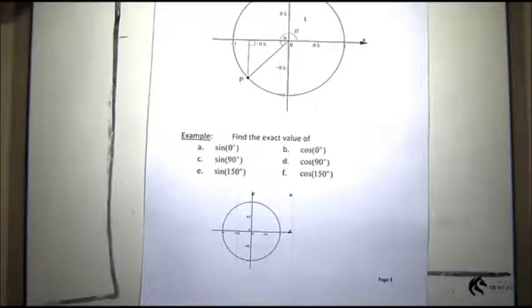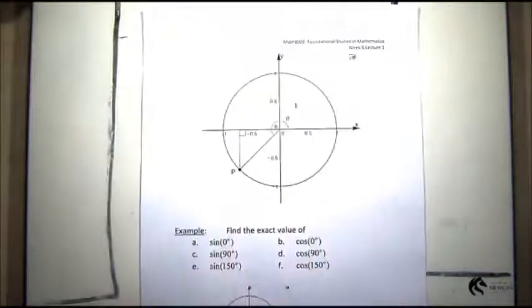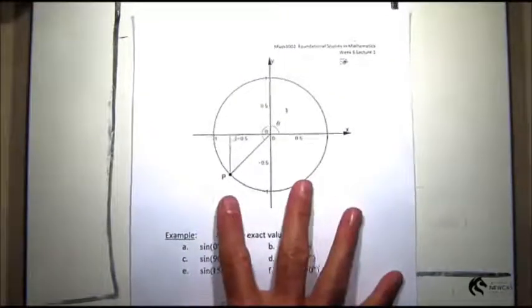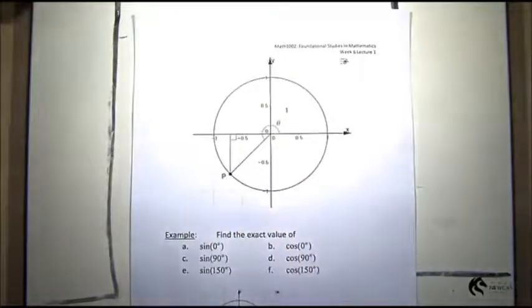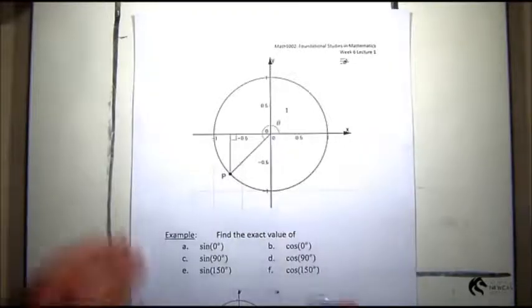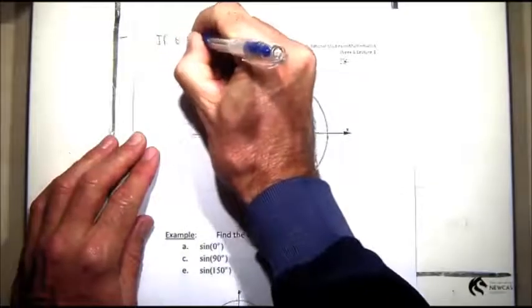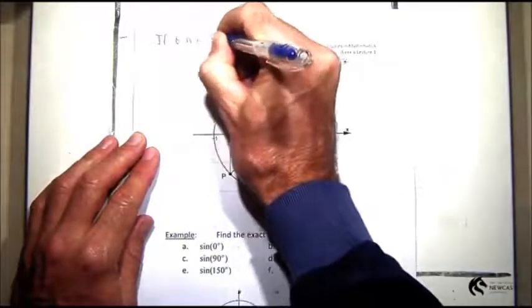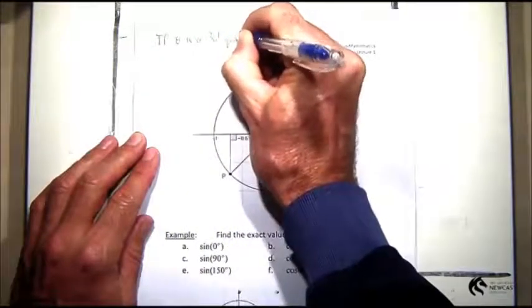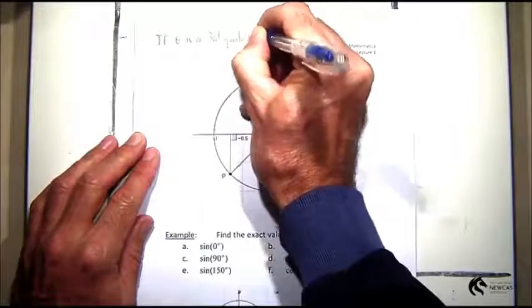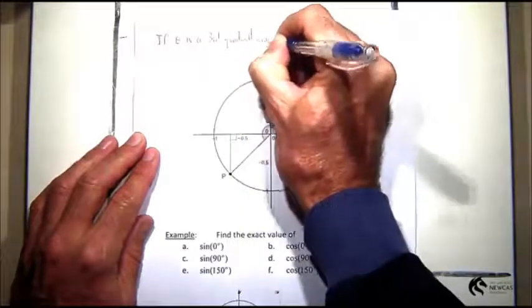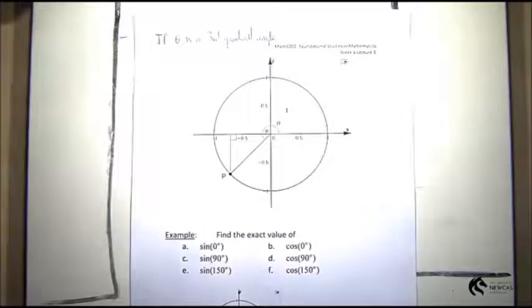Okay, so imagine now that we have a third quadrant angle. So if theta is a third quadrant angle, or alternatively I might say if P is in the third quadrant.